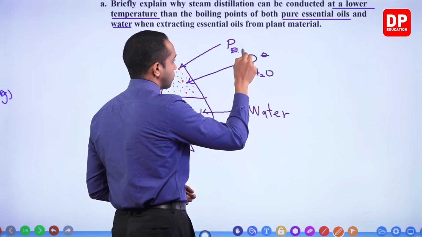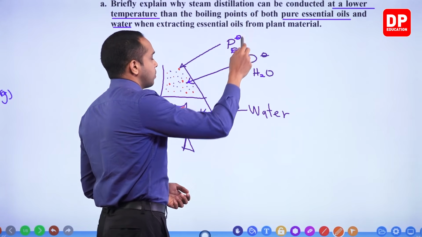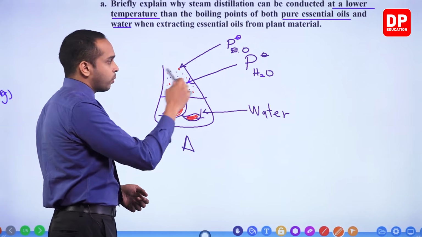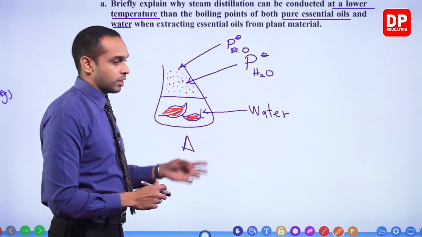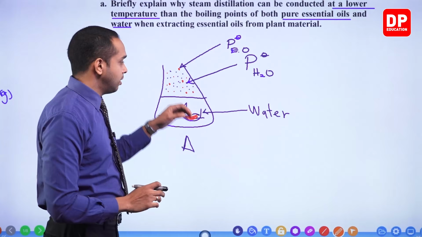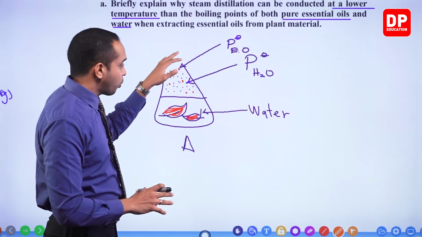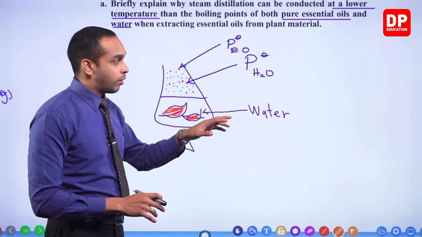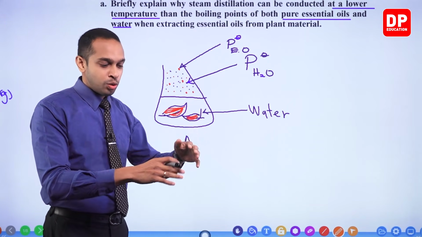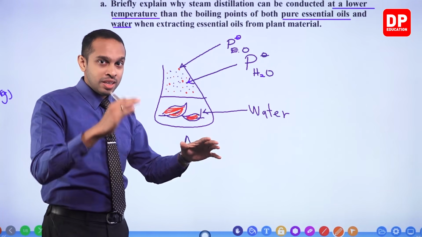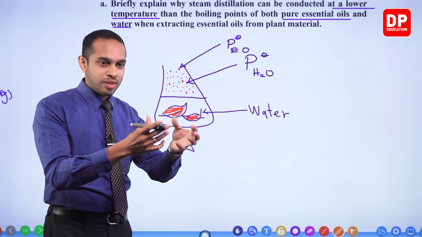I'll write EO, right? So in this vapor region, both of these vapors are present and they are saturated here. And at this point, students, the total vapor pressure comes from both of these vapors. So when the total vapor pressure is equal to atmospheric pressure, the liquid will start to boil.